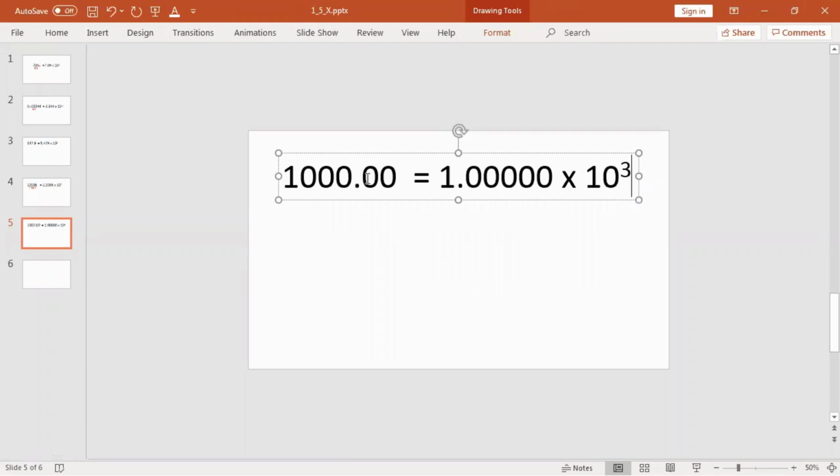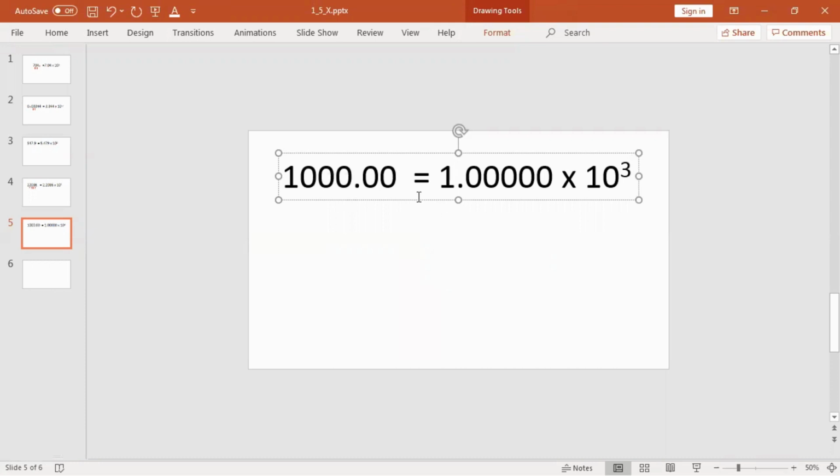The important thing is if you have trailing zeros after the decimal point, the last trailing zero is a significant figure. So anything between the last trailing zero to the very first non-zero number is significant figures. So we have 1, 2, 3, 4, 5, 6 significant figures.